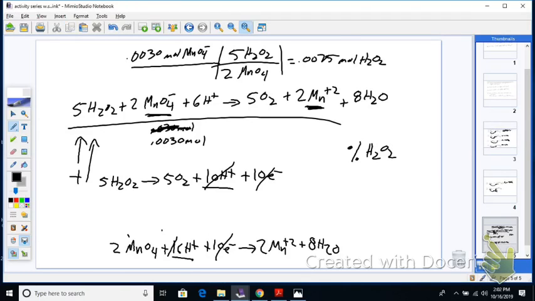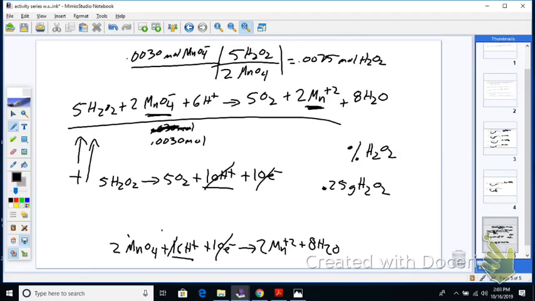When I did mine, I got an answer of 0.225. So I had 0.225 grams of H2O2. What was the total volume of the H2O2 that you put in? 0.001 liter. But you had 1 milliliter of it, right?